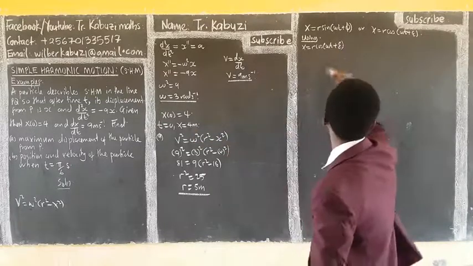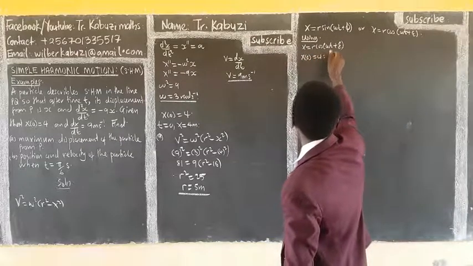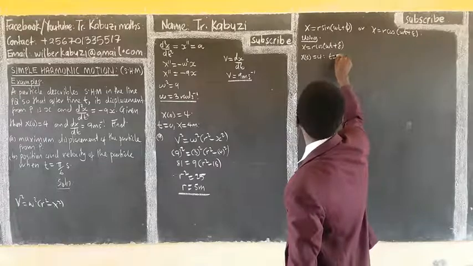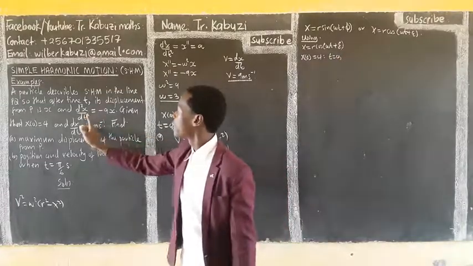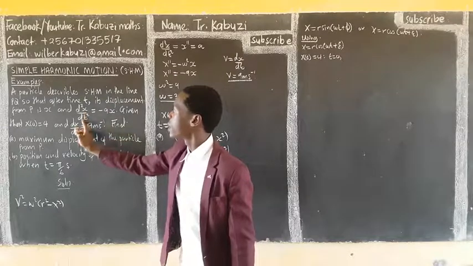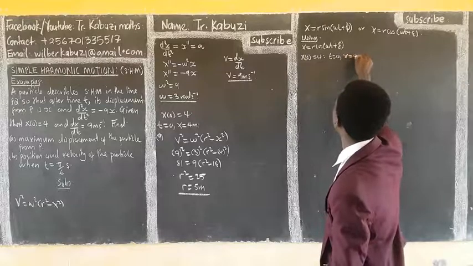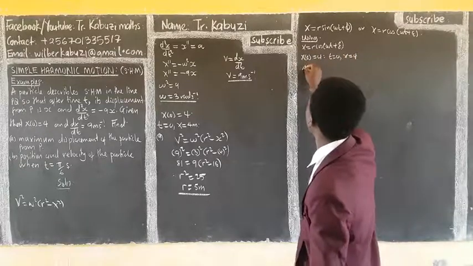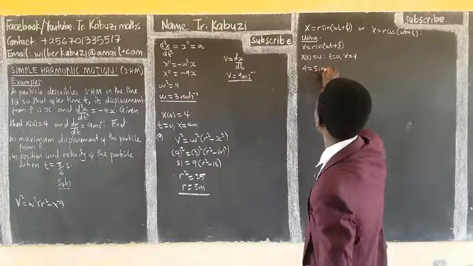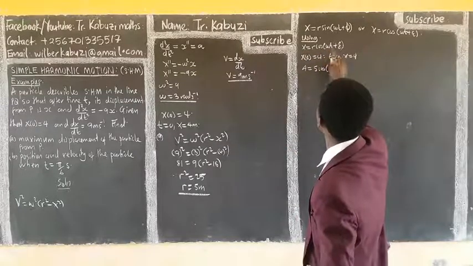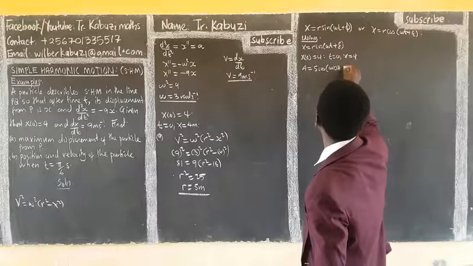I'm going to use the initial condition here. x of 0 is equal to 4, implying that when t is 0, x will be 4. So putting it in, we have 4 equal to r, which is 5, times cos of omega times 0 plus this.